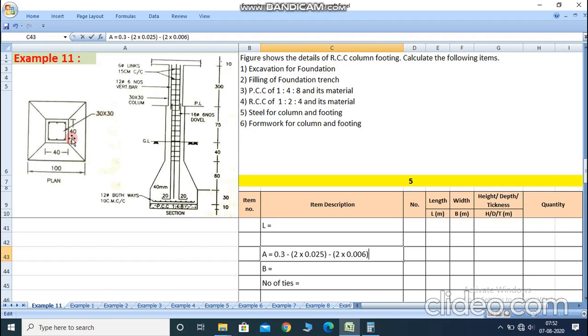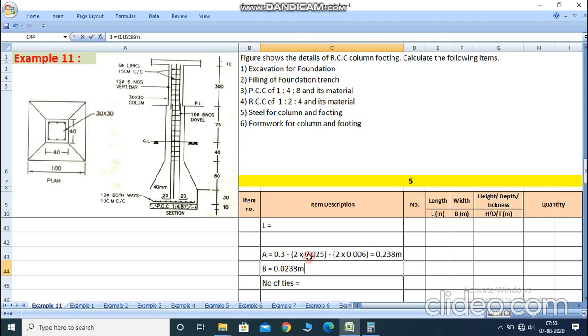So here 6 mm diameter stirrup is provided. So we got the answer 0.238 meter, the answer for A. The dimension of the column is 0.3 meter by 0.3 meter, so for the value of B we also get 0.238 meter, because the dimension of the column is the same on both sides.